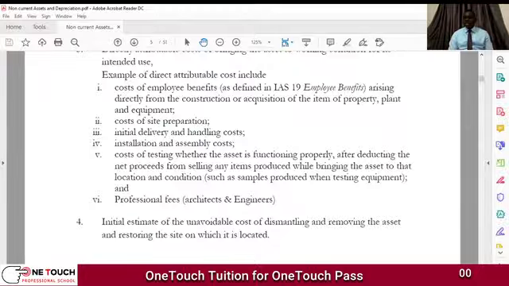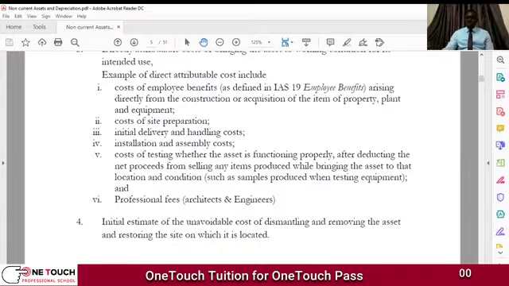So if it's a factory, plant or equipment that needs to be installed, and at the end of the business cycle that asset needs to be dismantled, then we are saying that we should estimate that unavoidable cost of dismantling and removing the asset and restoring the site on which it was located. We must estimate it and include it in the cost now, as opposed to waiting till the time comes when you have to dismantle.